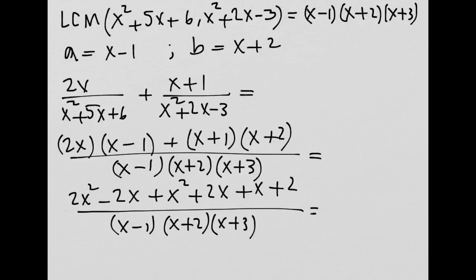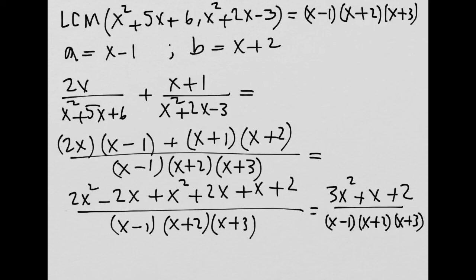When we combine like terms in the numerator, we see that 2x squared plus x squared is 3x squared, minus 2x plus 2x plus x is simply x, and we have a lone 2, so 3x squared plus x plus 2 over x minus 1, x plus 2, x plus 3.